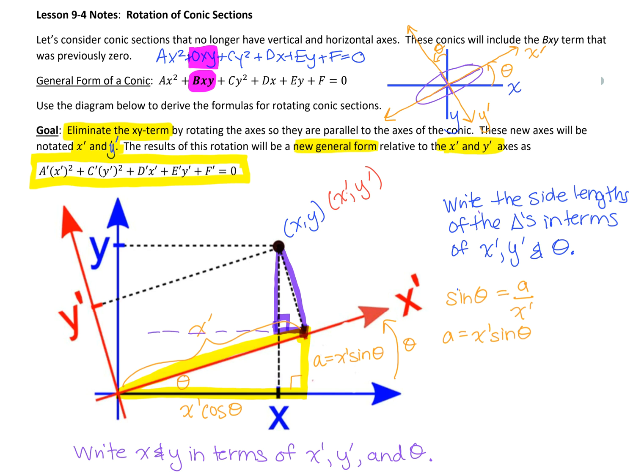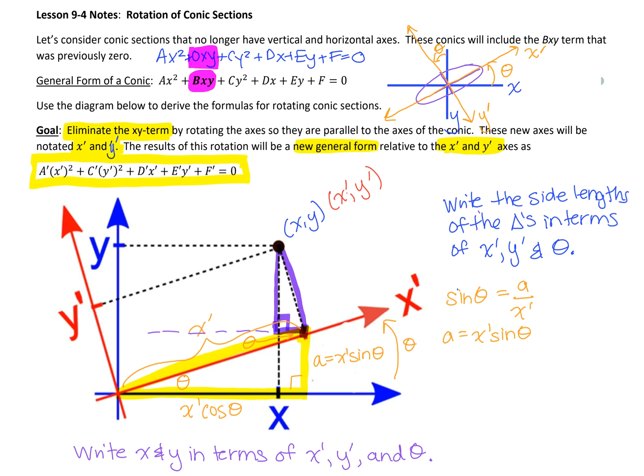And then you should be able to see that we have alternate interior angles. If I go here to here, to here, those are alternate interior angles. So that means that this little tiny angle inside here is also going to be theta, because alternate interior angles are congruent.